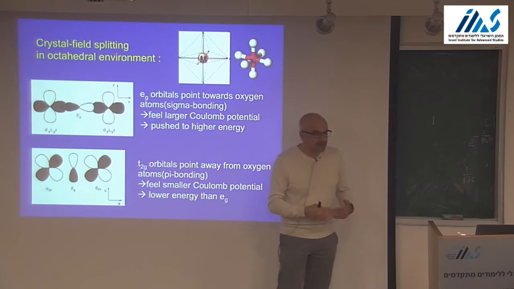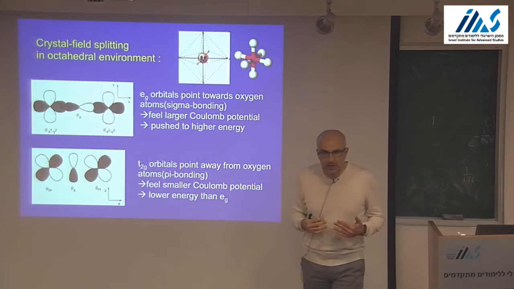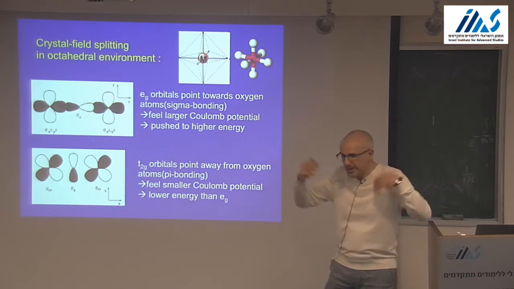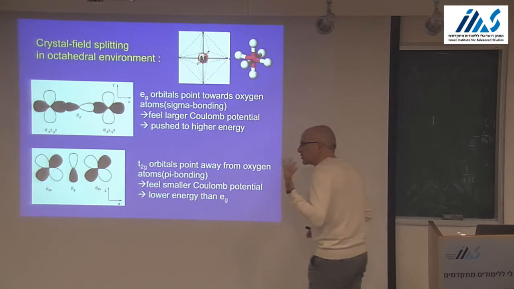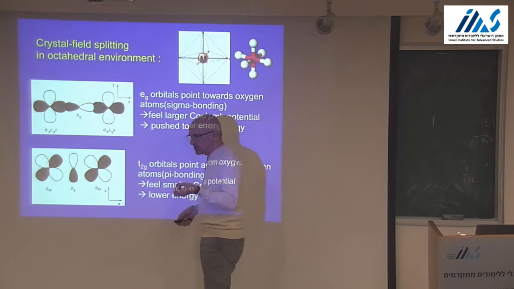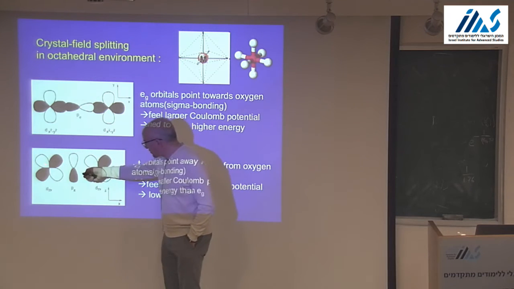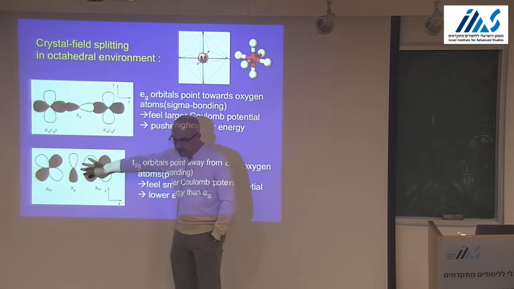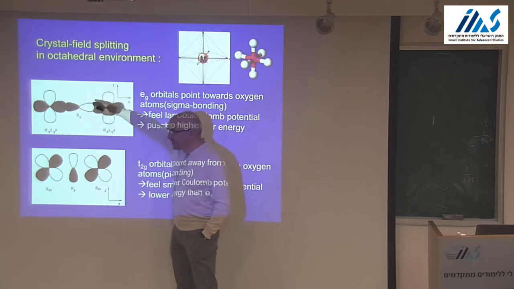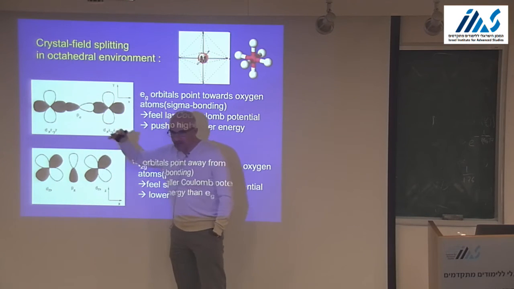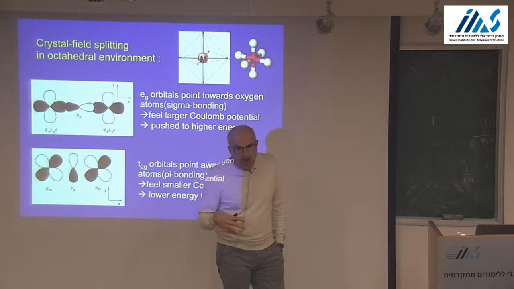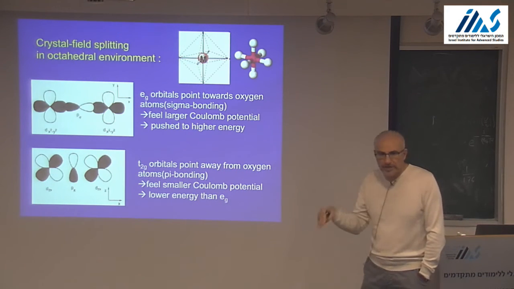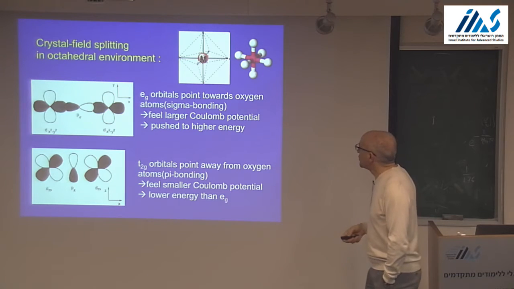Hence, there is a very strong repulsion which disfavors these two orbitals, right? While for the 3 orbitals in the T2G state, the lobes point in this manner. So that's more like pi bonding. And hence, as compared to this situation, these orbitals are favored. So this is why in an octahedral environment, the T2G states are lower in energy than the EG states.